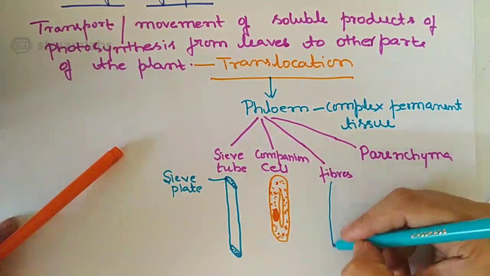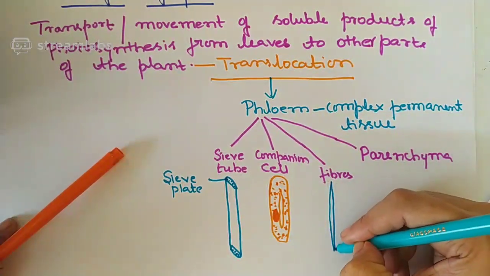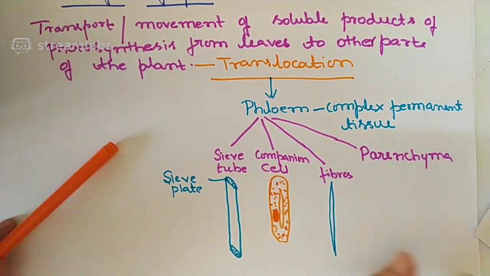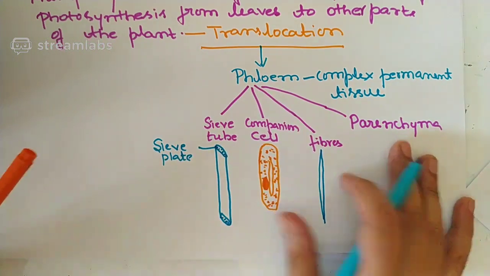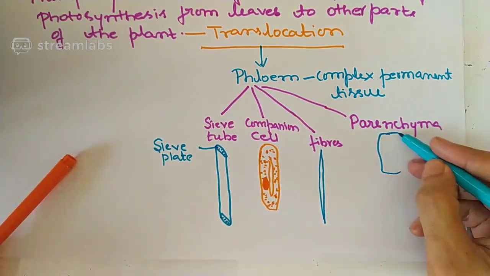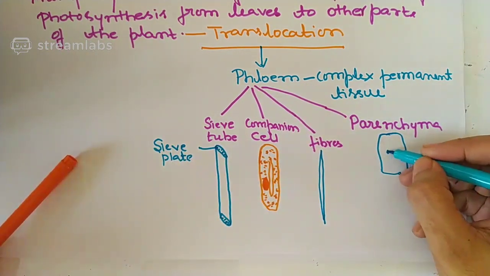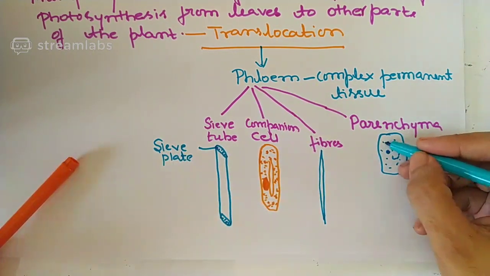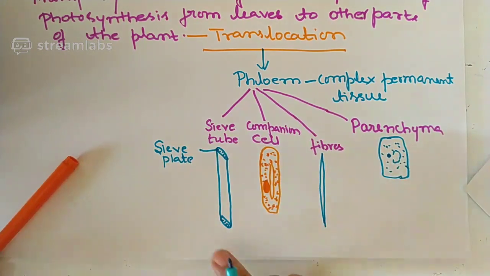Fibers, sclerenchyma fibers, are elongated with pointed ends. And phloem parenchyma, of course, helps in storage. It is a normal parenchyma cell which helps in the storage.